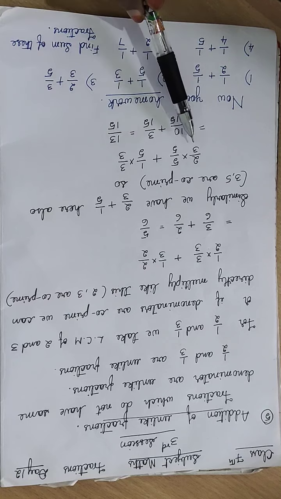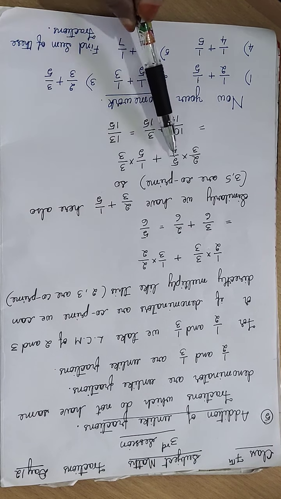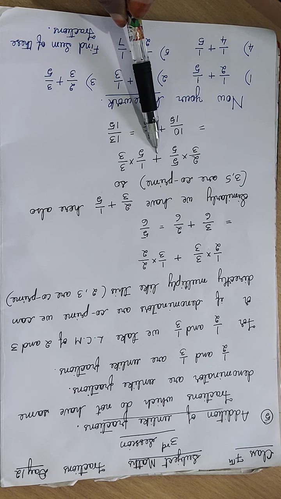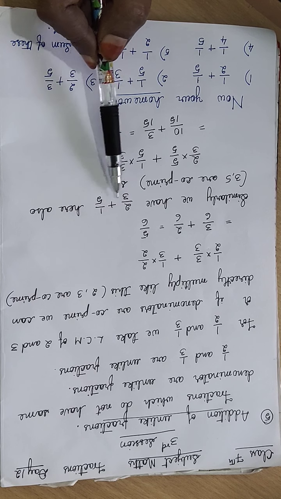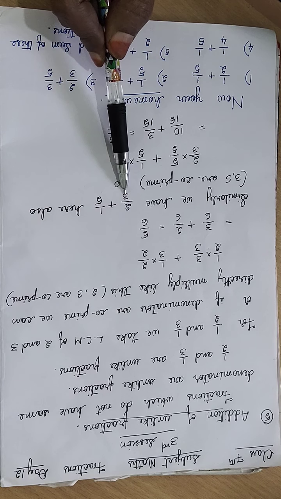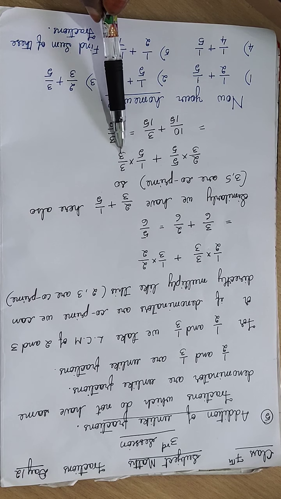So what do you have to do? For the first fraction, you multiply by 5 by 5. For the second fraction, consider only the denominator: for 1 by 5, you take the denominator and multiply by 3 by 3. So 1 by 5 into 3 by 3.